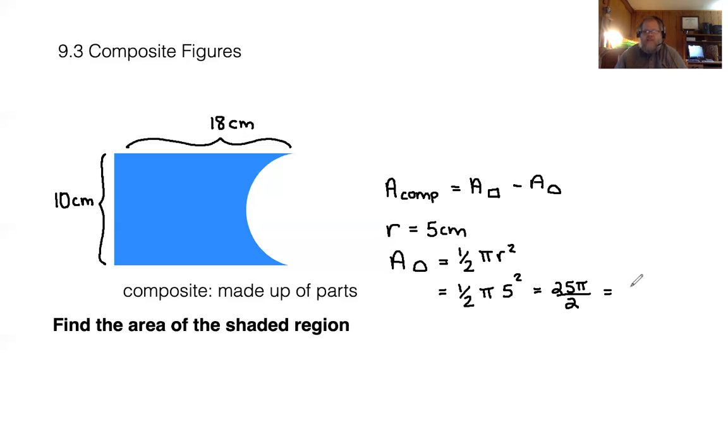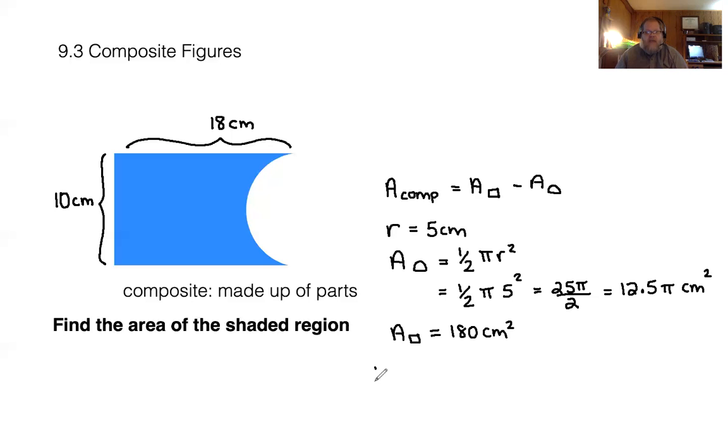But what I like to do is take 25 divided by 2, and that gives me 12.5 pi. So that's the area of the semicircle. Okay, well, we know the area of a full rectangle. Length times width, that's 180 centimeters squared. And I also should put centimeters squared on the 12.5.